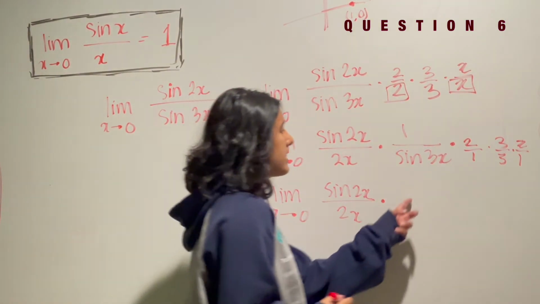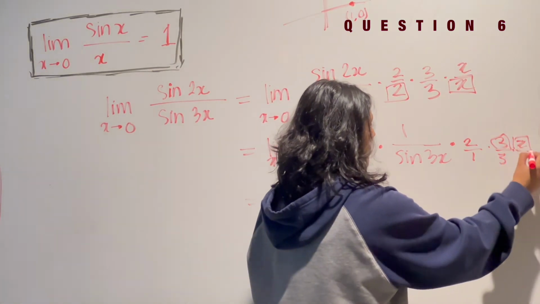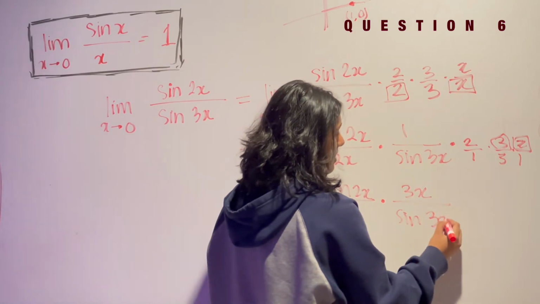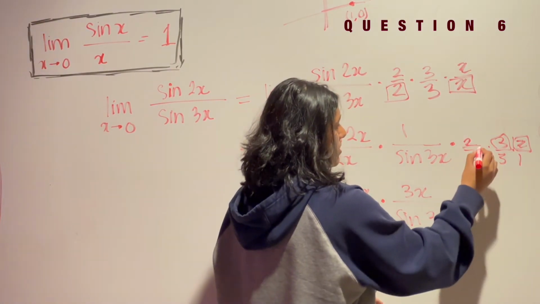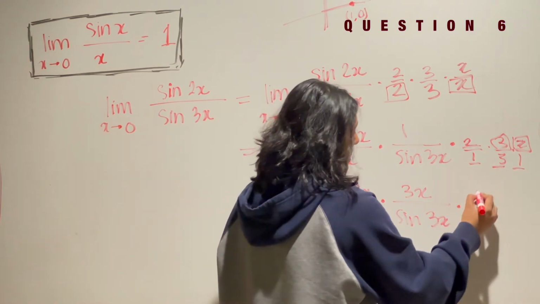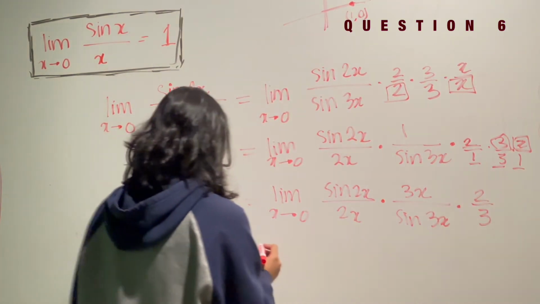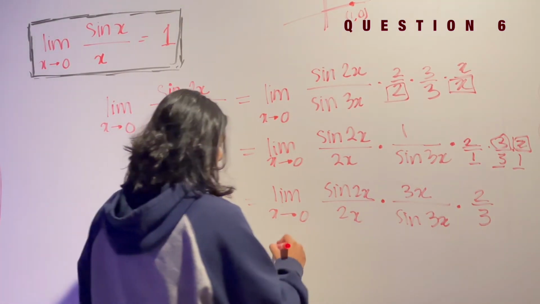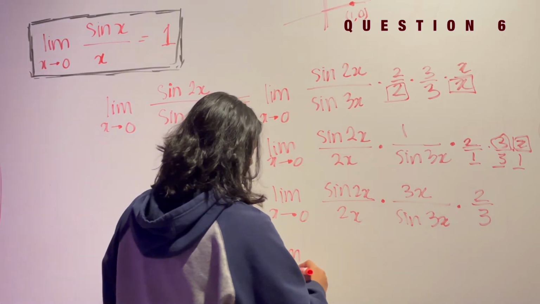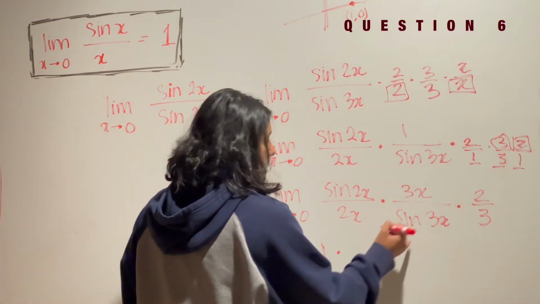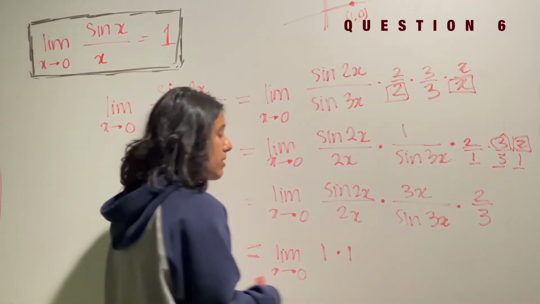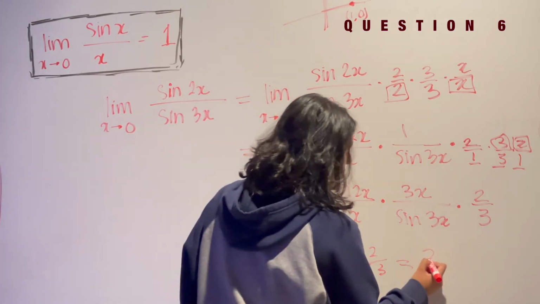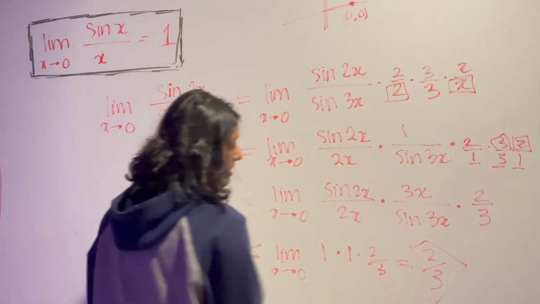And now we have a 3 and we have an x, so now we can put 3x on the top, denominator stays the exact same. And we also have a 2, a 1, a 3, and a 1. And that's just 2/3 since they're all being multiplied. Now we start to see a relationship over here. We see that the limit as x tends to 0, this is essentially just 1. This is also just 1 as we saw from our previous problems. And this is 2/3. So the limit of this is essentially 2/3, and that is our answer.